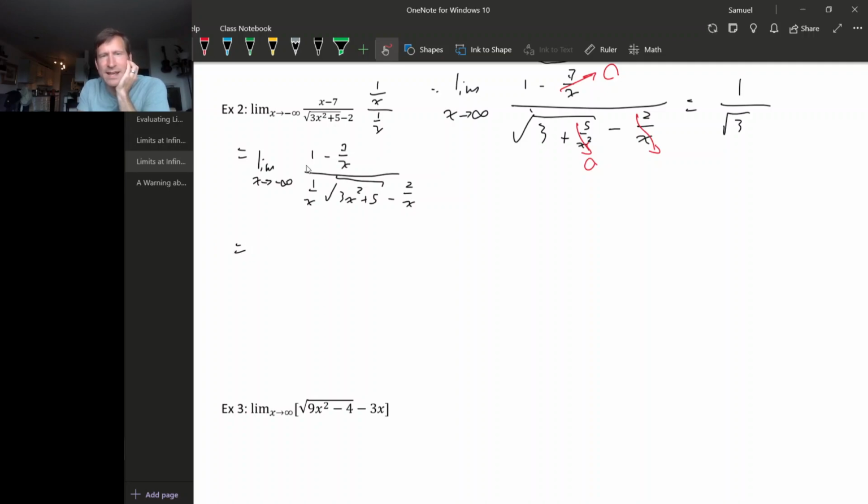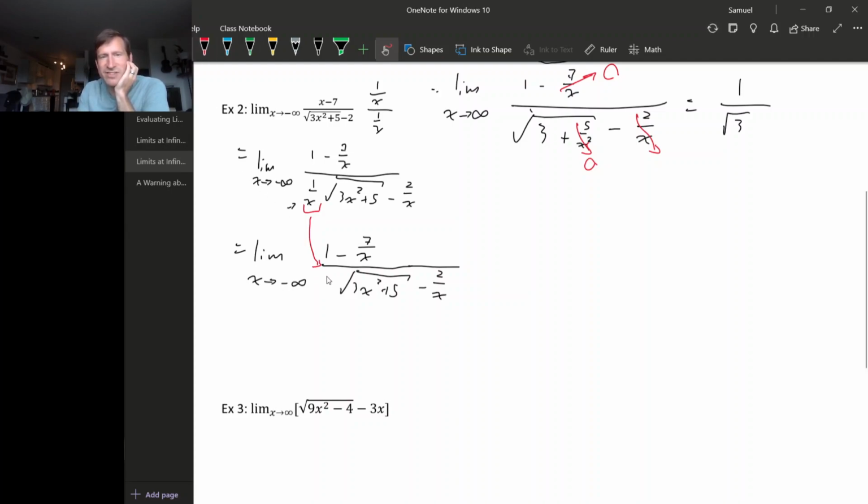All right, now this is where we made the square root show up right here. So let's do that. Limit as x goes to minus infinity, 1 minus 7 over x over, so there's going to be a square root of 3x squared plus 5, and over here there's going to be a minus 2 over x. But we need to figure out what do we do with this 1 over x?